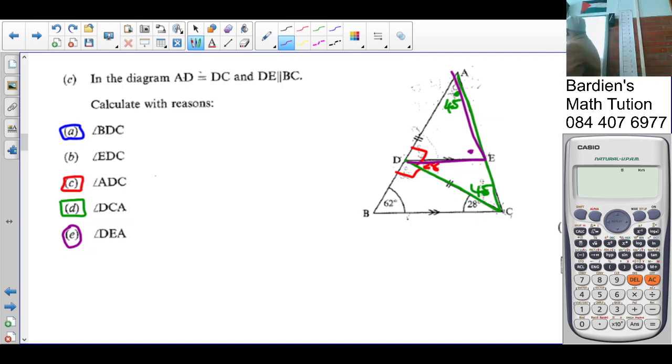But if you're looking at sum of angles in a triangle, we have two unknown angles here. We don't have this angle. We have this whole angle here. We don't have that one. Otherwise, we could have said 90 minus 28, and then I will have this angle. Then I can go sum of angles in a triangle. Not so? But it's another way I could have done this.